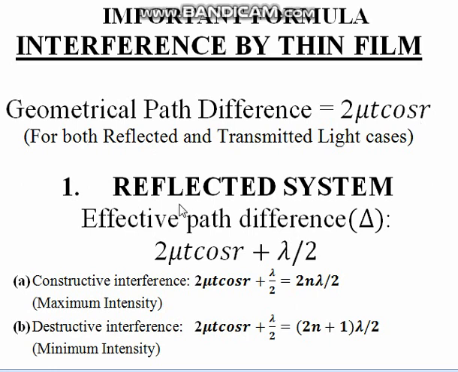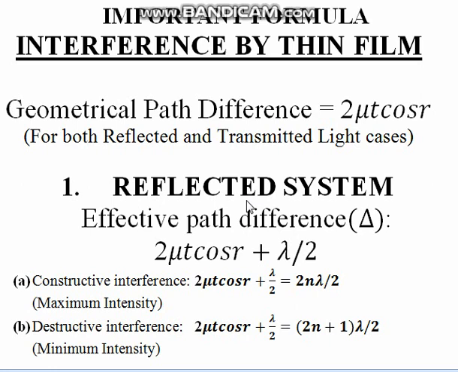So now let's take the reflected system. What is the effective path difference? The effective path difference is the sum of the geometrical path difference plus the optical path difference. In the reflected system, the optical path difference is lambda by 2.